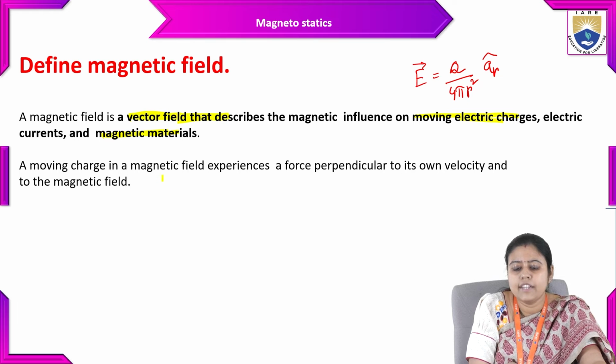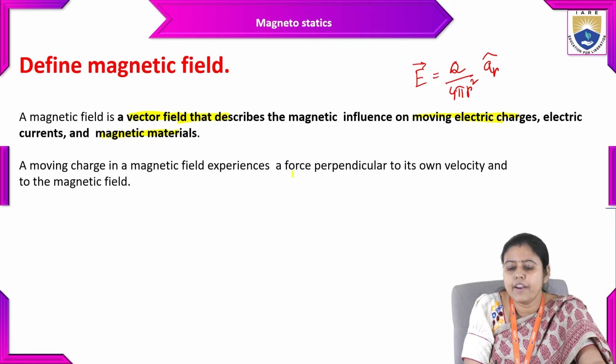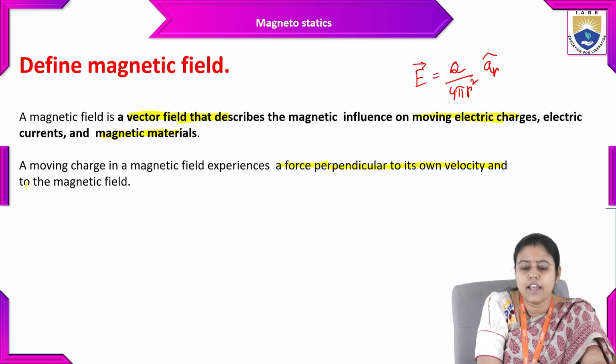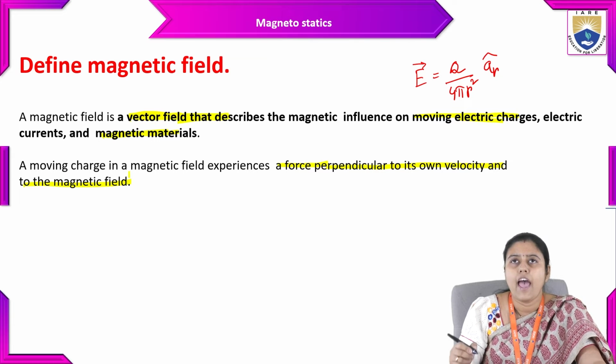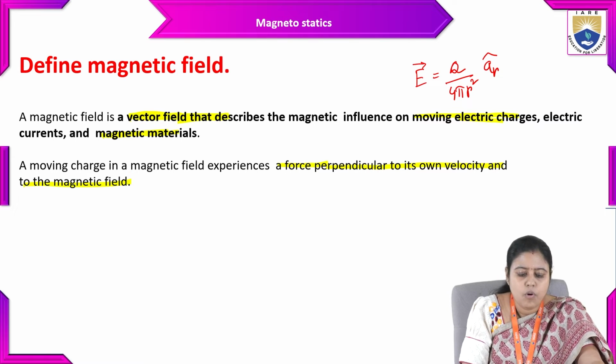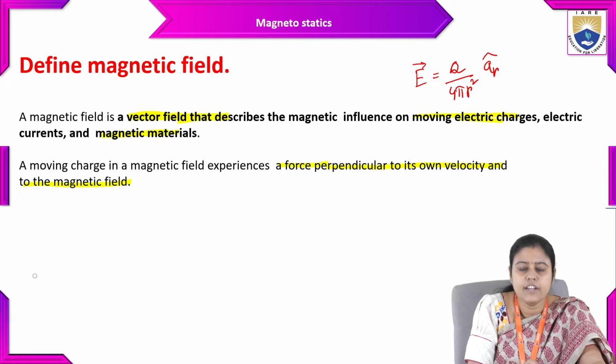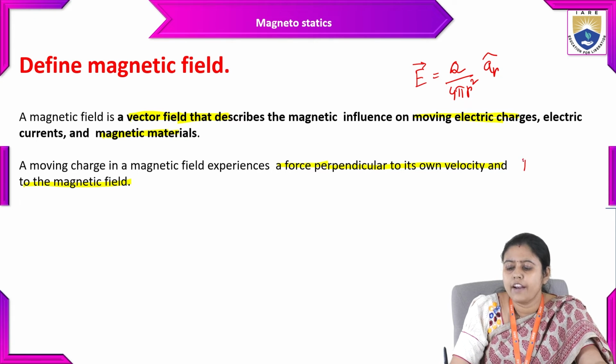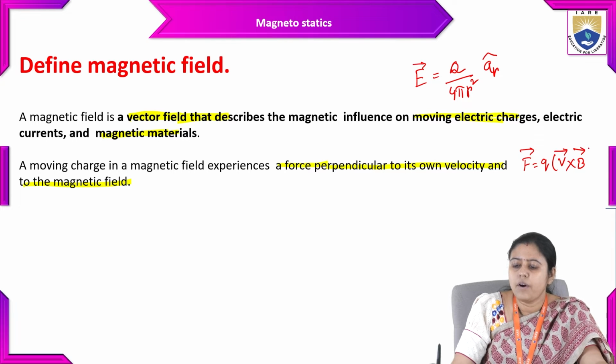A moving charge in a magnetic field experiences a force perpendicular to its velocity and to the magnetic field. As we discussed earlier, when there is a magnetic field, the charge will experience some force, and F is equal to Q V cross B. What is the meaning?